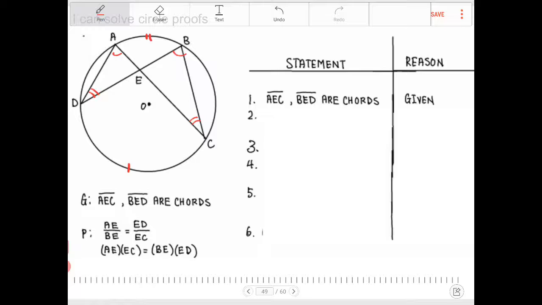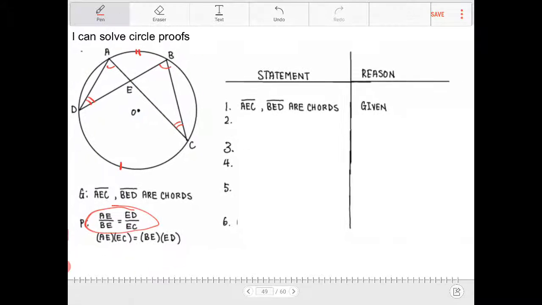So what I have is two similar triangles, similar because of the angle-angle theorem. And because of the angle-angle theorem, I can then set up proportions to say that this must be true. And then the last thing I can do is cross multiply to end up with this product here.